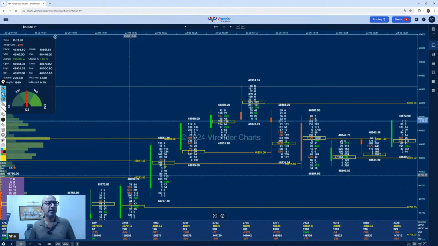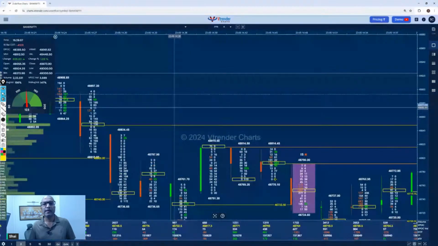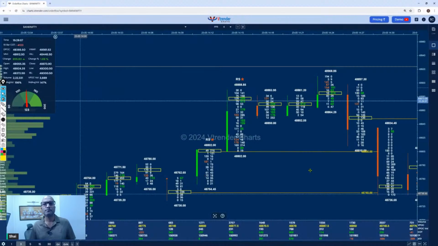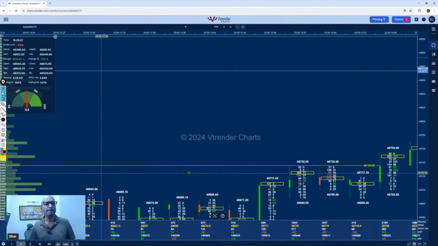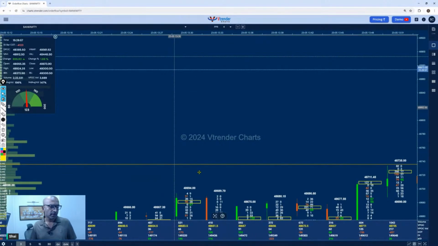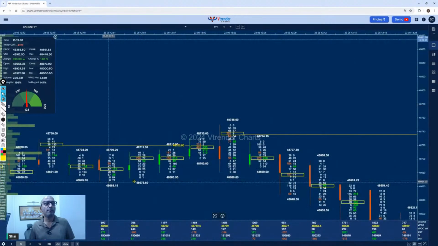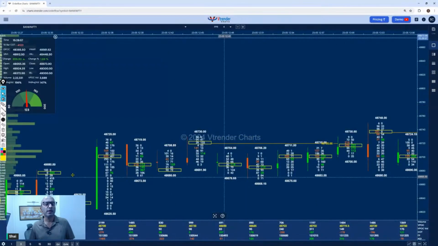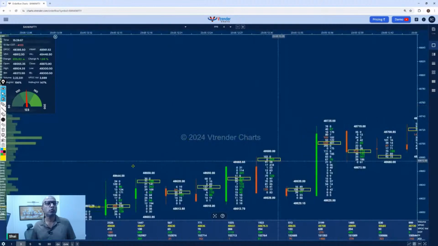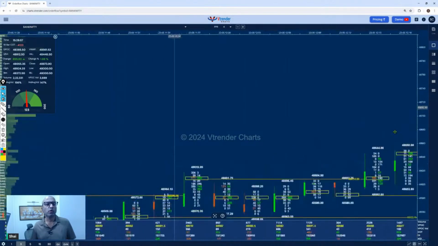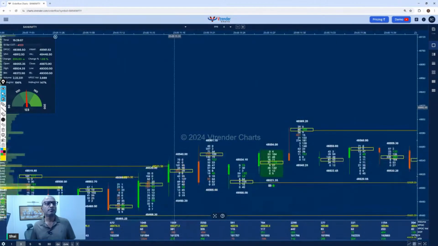There was a lot of signaling in the Bank Nifty that it didn't want to go down, but there was no signaling that the market wanted to go up. And all we were doing yesterday was waiting for that signal to come that the market wanted to go up, right?